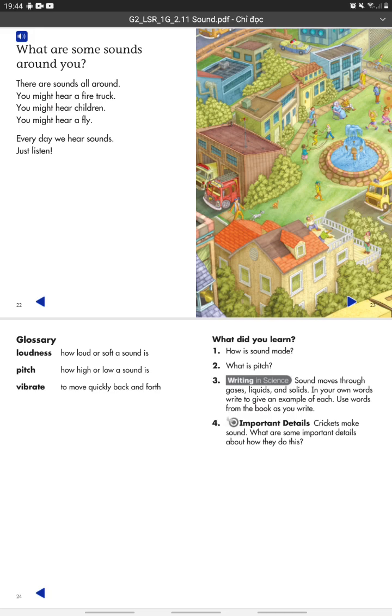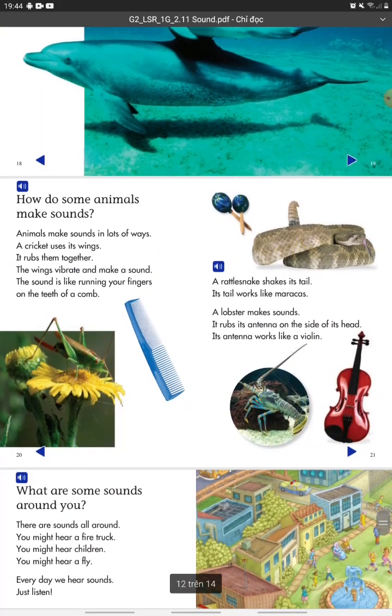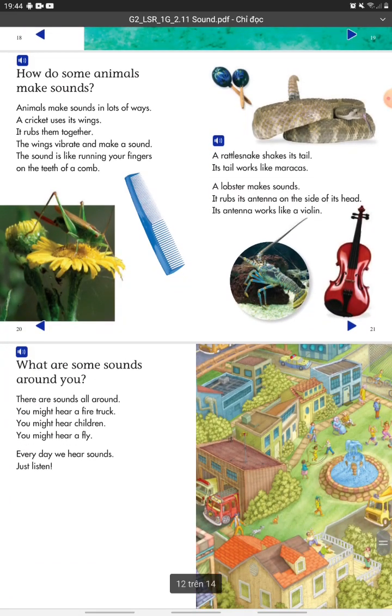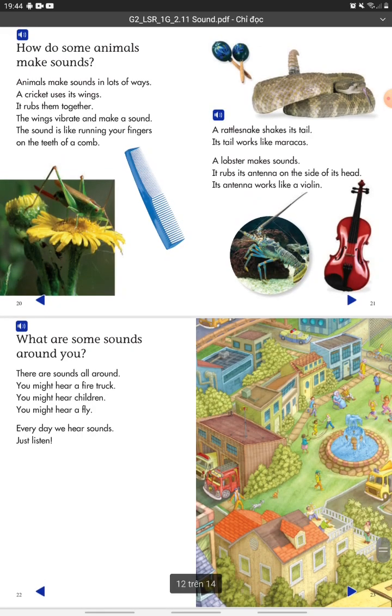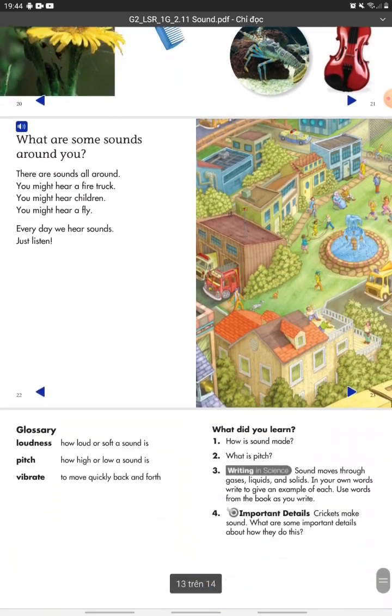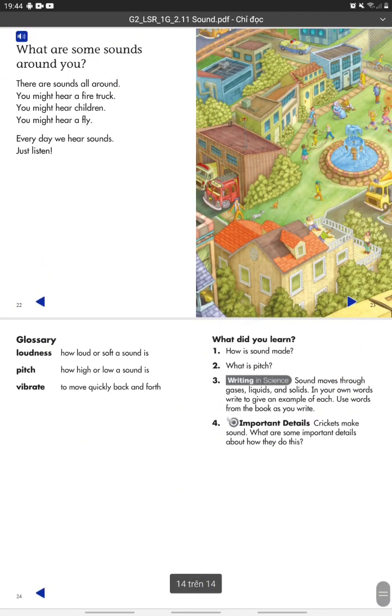Anyway, a cricket uses its wings, rubbing them together so they vibrate and make a sound. The sound is like running your fingers on the teeth of a comb. Alright, so what are some important details about how they do this?